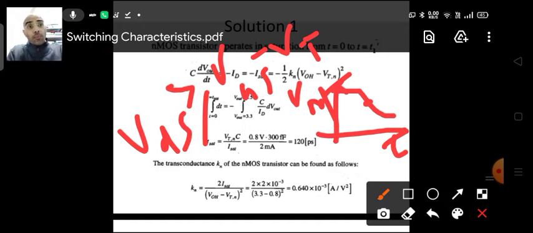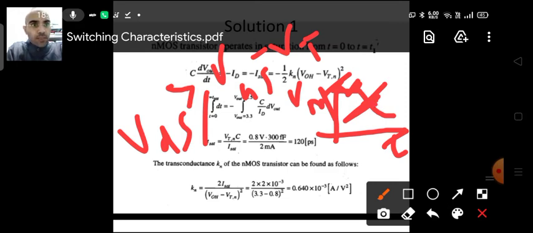So when the switching starts, the transistor works in the saturation region. And up till a certain point which I have marked here, the transistor will keep working in the saturation region.